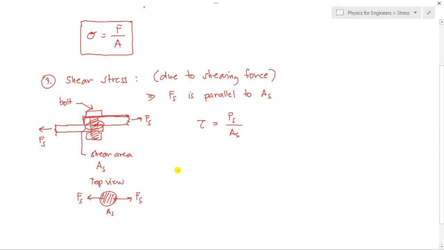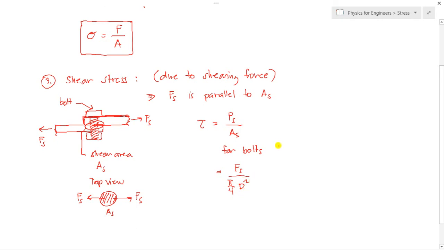This time, still round man siya. So 4 bolts, that is just equal to the shearing force. Kani siya shearing force Fs all over pi over 4 d squared.